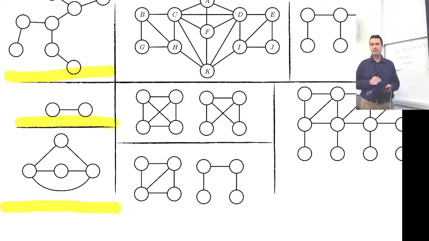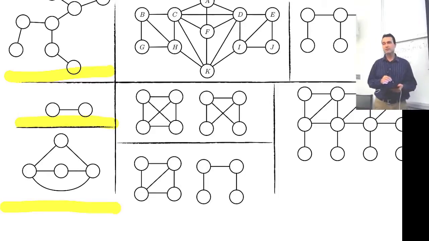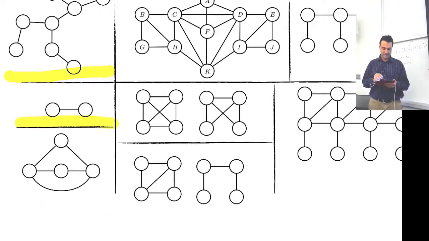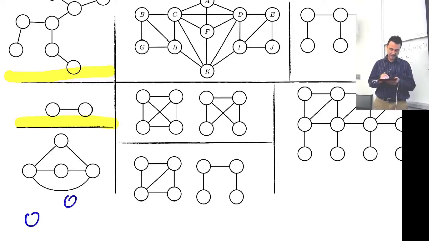Where are all cycles chorded? Is it triangulated or is it not? I saw a lot of people nodding their head. This is a deliberately tricky graph. This is the same graph as this one.